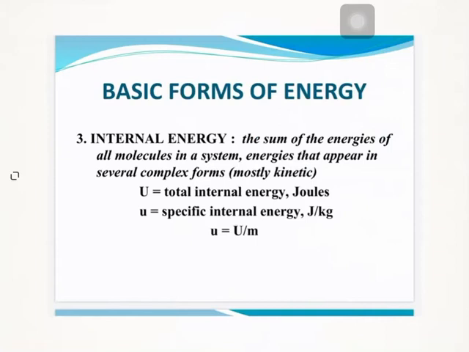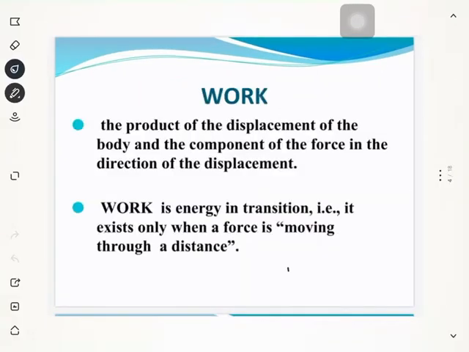Okay, so we have here the work and heat. The work and heat we also call an energy. By definition, work is the product of the displacement of the body and the component of the force in the direction of the displacement.